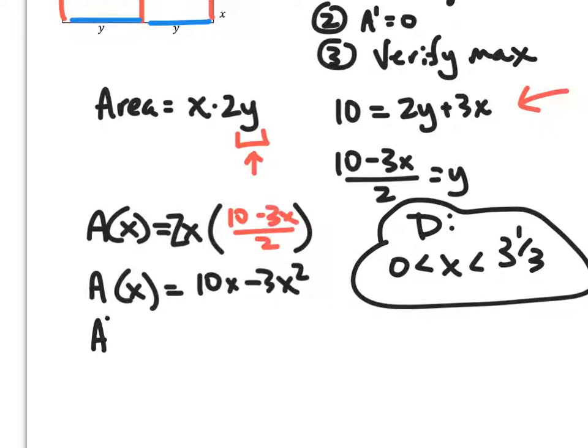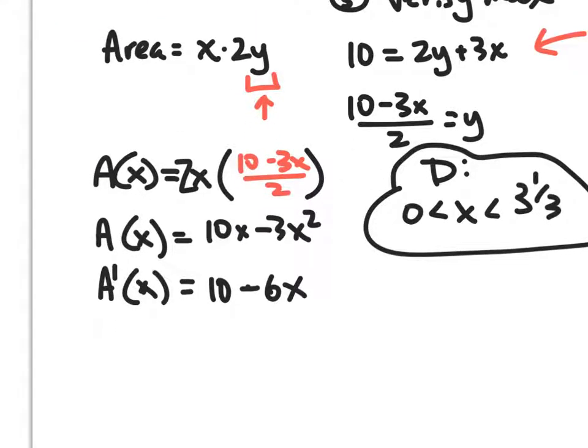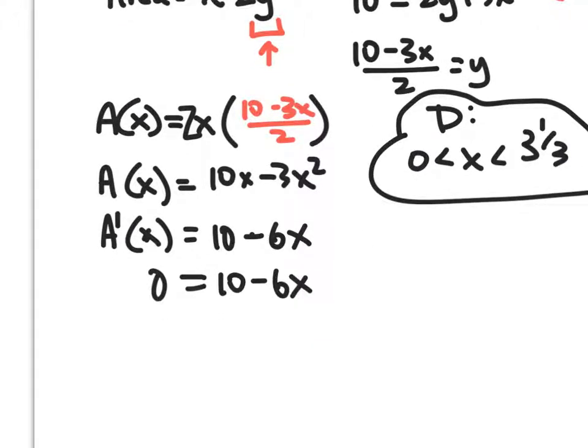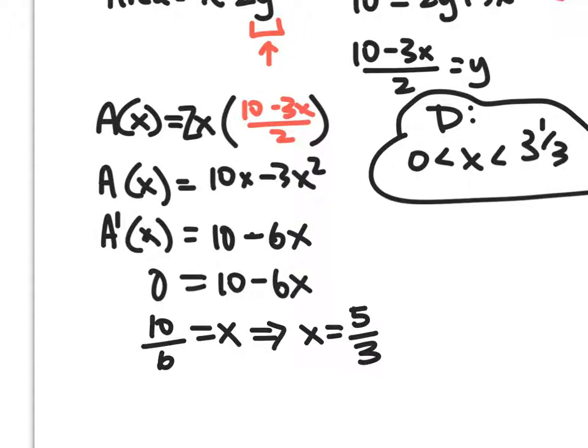So let's find the derivative, which would equal 10 minus 6x. If I set this equal to 0, that looks like x would equal 10/6, or simplified, x equals 5/3.